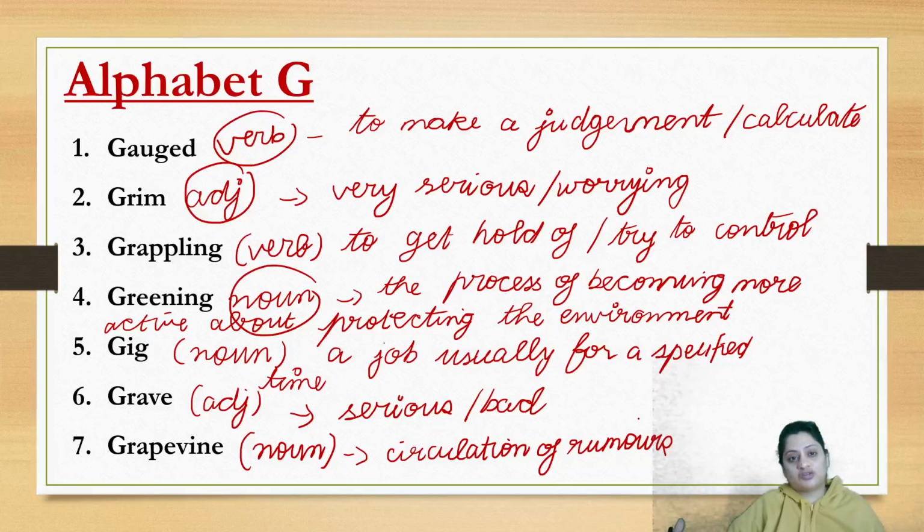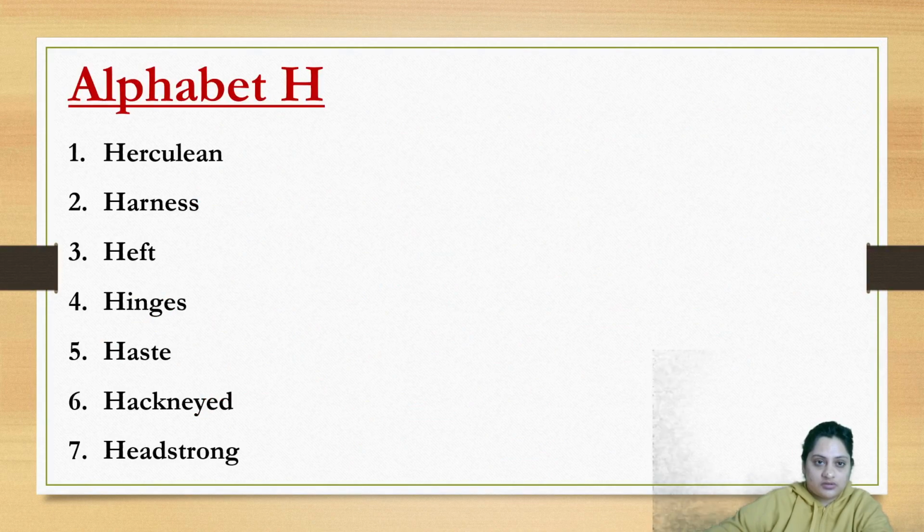In communication, we read this. We say grapevine communication. There is circulation of rumors. Okay, there is unauthentic, unofficial information which passes through people, spreads, right? So that is G. Okay. Right. So how many alphabets we have covered? A, B, C, D, E, F, G. 7. Coming to the 8th one, which is H. Okay.